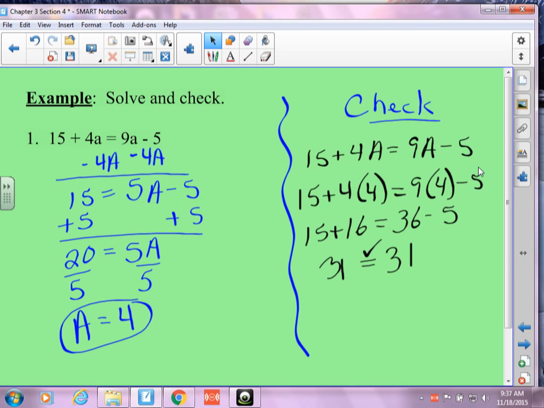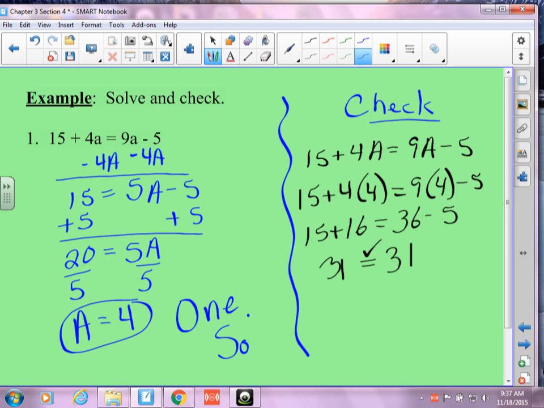So if I chose a different number and put it in my check, would any other number work? No. Okay? So I'm going to write one solution, because only one number would check in this. Whenever you get a variable equals one number, it's one solution.